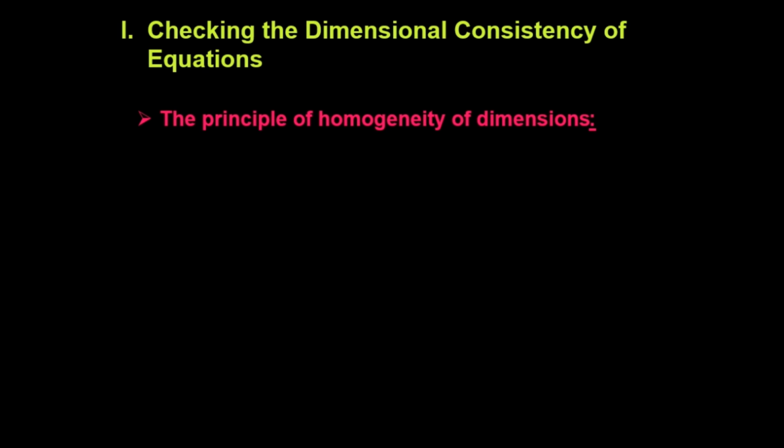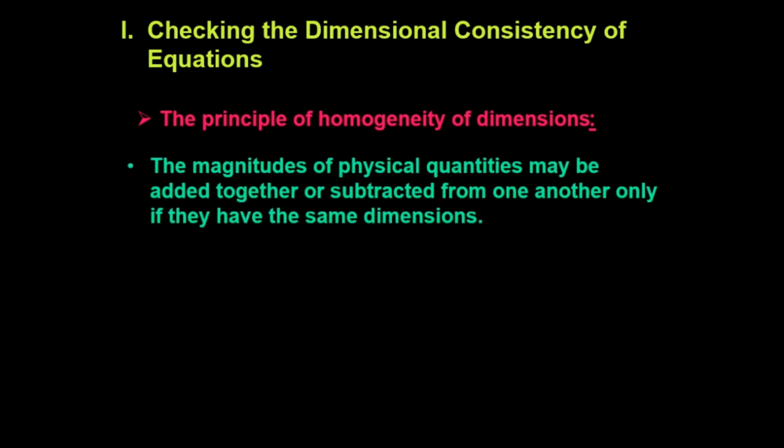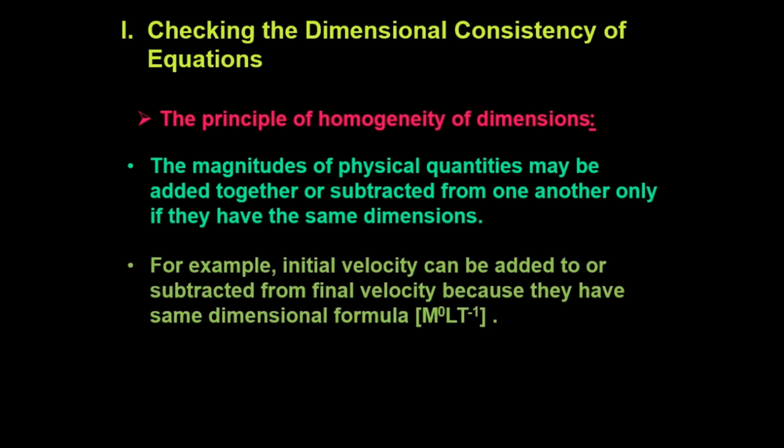The principle of homogeneity of dimensions. What it says: the magnitudes of physical quantities may be added together or subtracted from one another only if they have the same dimensions. This is possible, either addition or subtraction, if the two quantities belong to the same nature and have the same dimensions.